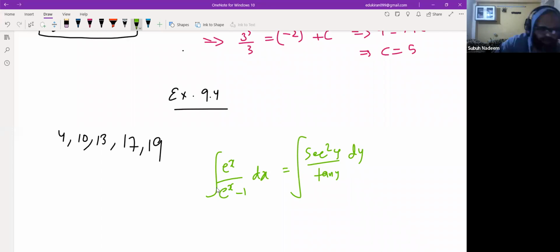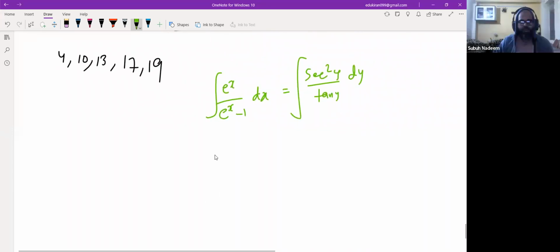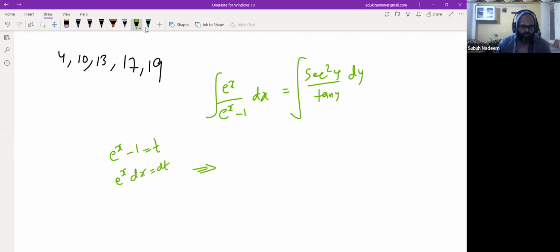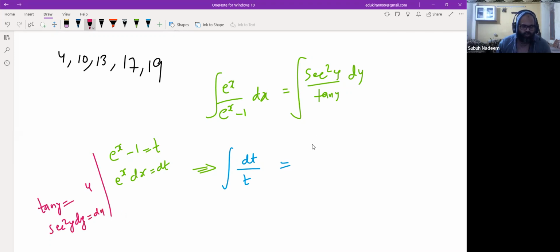So you can take e to the power x minus 1 as t. So e to the power x dx will be equal to dt. So the numerator will be dt, and the denominator will be t. And tan y you can take as u, so sec square y dy is equal to du.